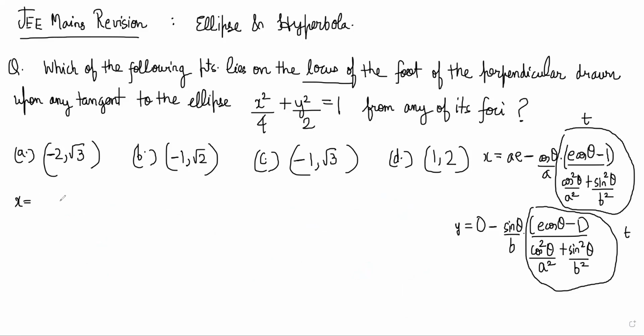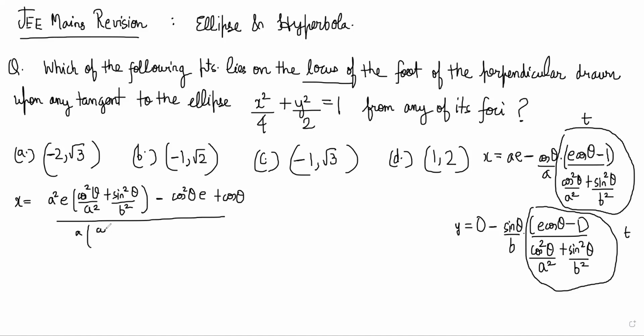x is coming out to be a square e times cos square theta by a square plus sin square theta by b square, minus cos square theta e plus cos theta, divided by a times cos square theta by a square plus sin square theta by b square. The e cos square plus e cos square cancels.